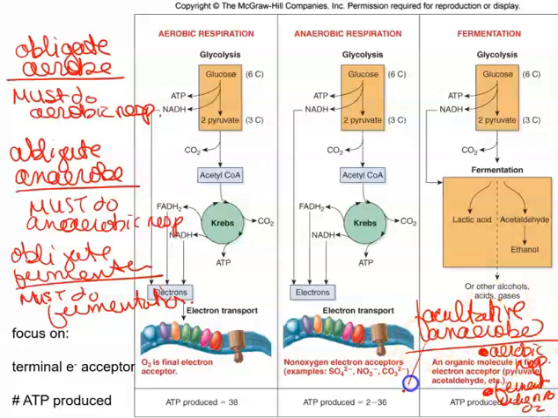So facultative anaerobes, E. coli is a very famous facultative anaerobe, so are yeast. In our bodies, skeletal muscle is a facultative anaerobe. If we think in our bodies, who's an obligate fermenter? Red blood cells are obligate fermenters.